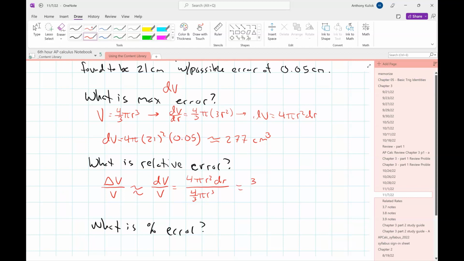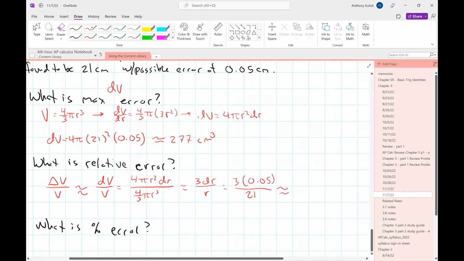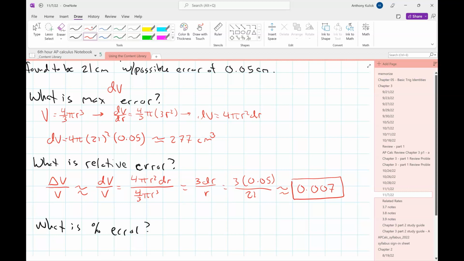If I simplify that, that's 3 dr over r. It's about 0.007. Okay. You okay? Yeah. Good.